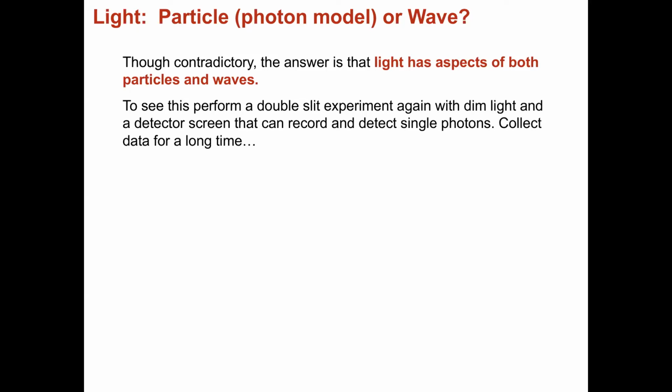But here we see something different. Imagine we take this double slit experiment, and where our viewing screen is, we put a detector, maybe a piece of camera film that records where light hits.